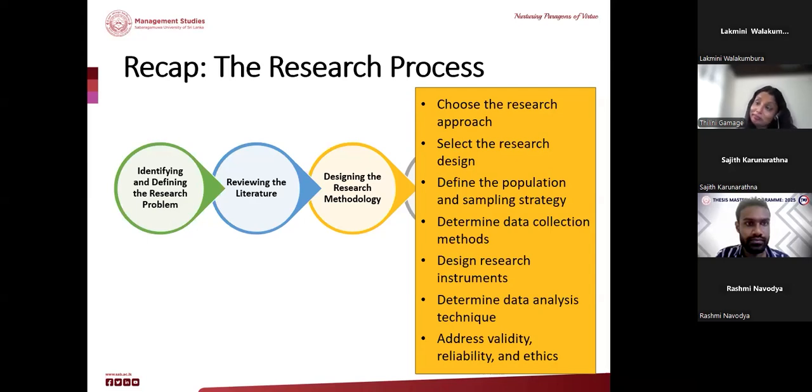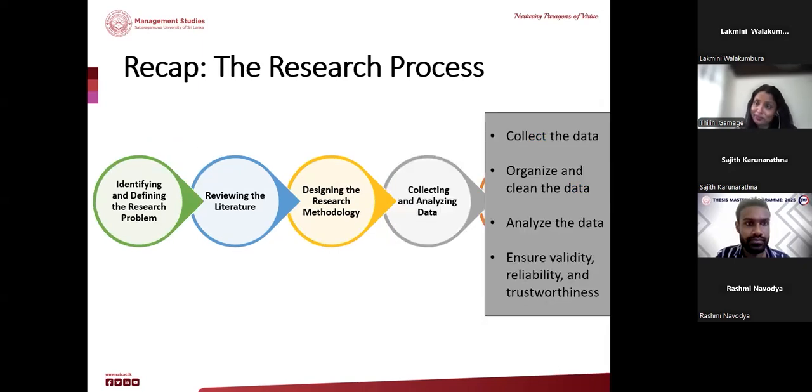Then you think about the data collection methods, design the research instruments, and determine the most appropriate data analysis techniques to achieve your research objectives. All these areas you have covered by now, because I saw that your thesis mastery program is a comprehensive program which covers almost all these areas.